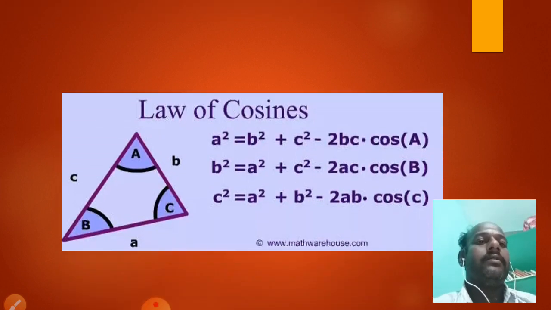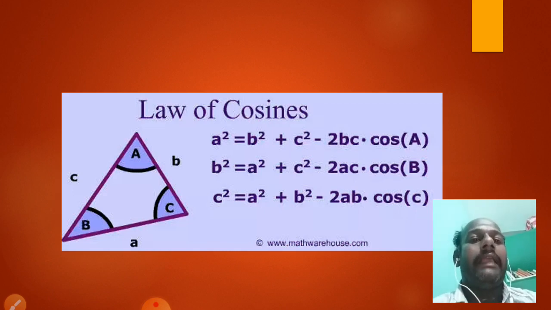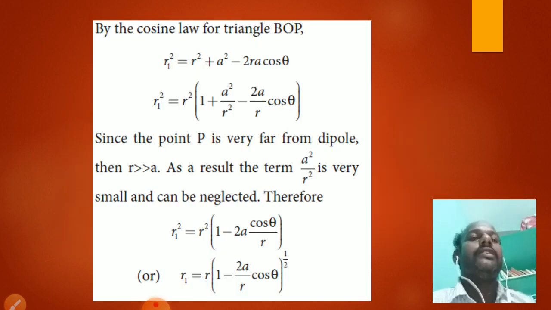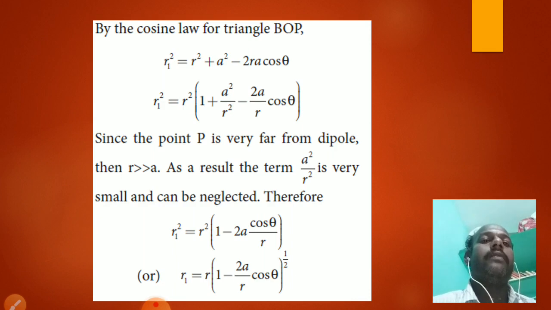Now I am going to use the cosine law. I already told you, suppose it is a triangle ABC, then A squared will be equal to B squared plus C squared minus 2BC cos A. By using this in the triangle BOP, r1 square is equal to r square plus a square minus 2ra cos theta.